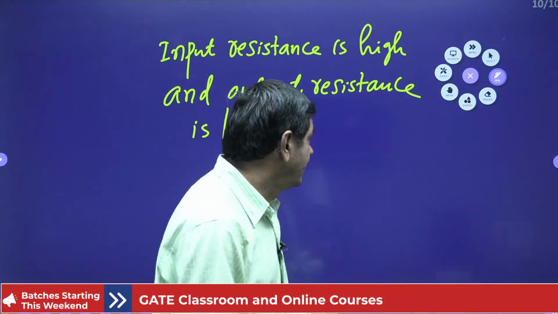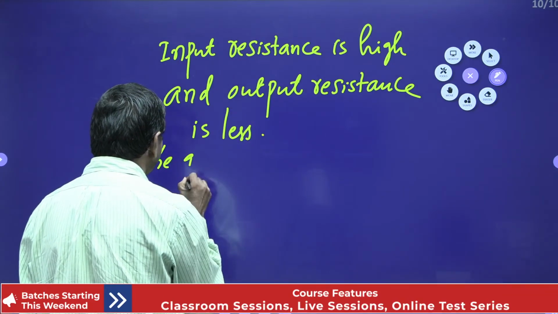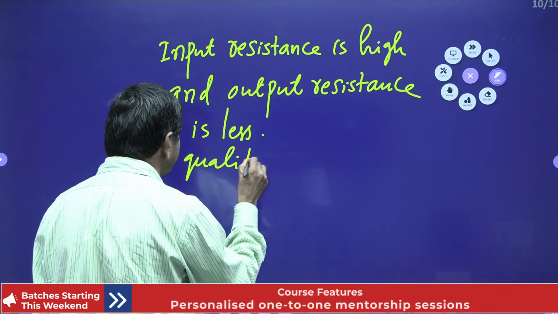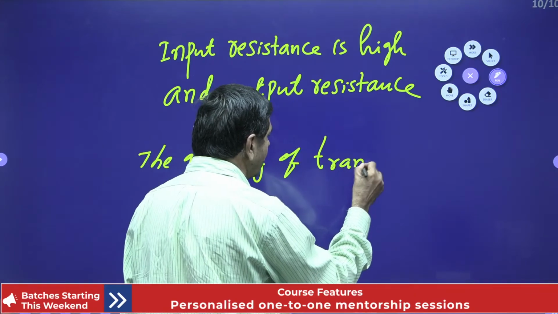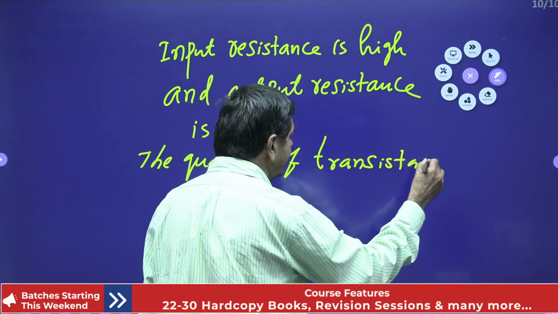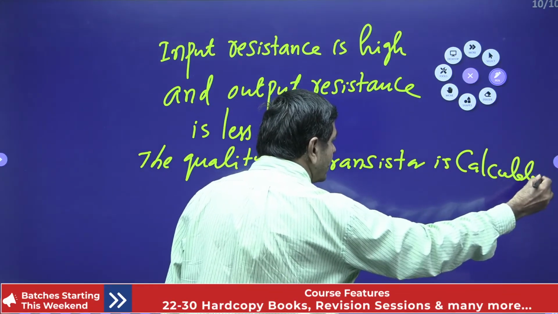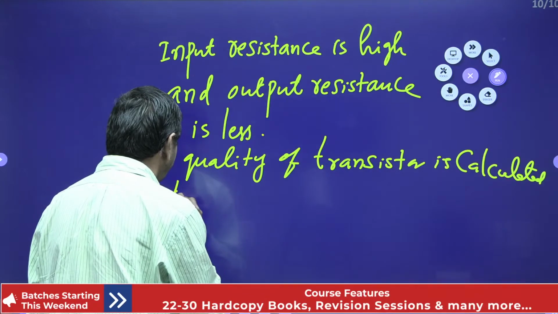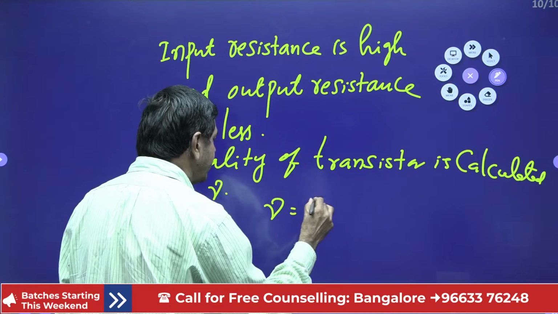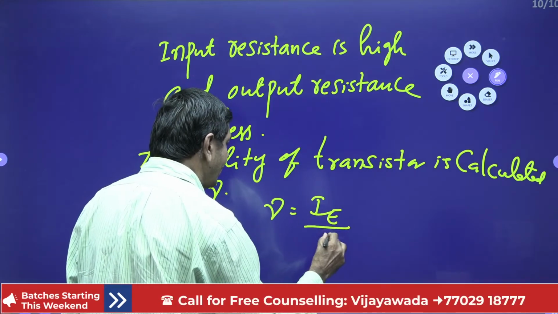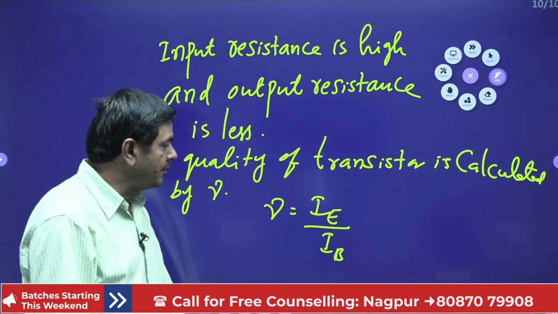That is, we can write: the quality of the transistor is calculated by gamma. Gamma equals emitter current by base current, IE by IB. Output is IE, input is the base; output current by input current they will use.